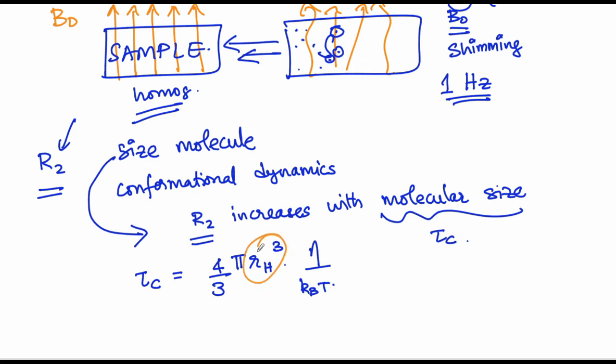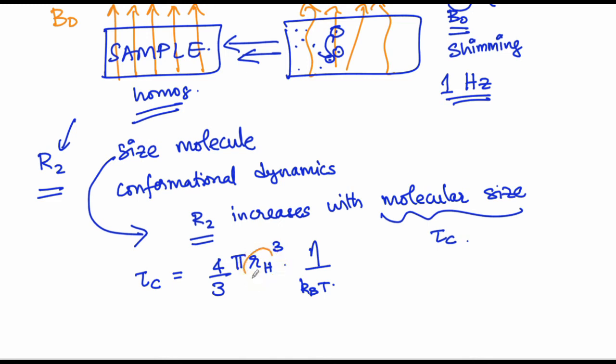The R_H is the hydrodynamic radius of the molecule that you are working with, assuming a sphere, which is why you get the 4 by 3 pi r cube kind of volume dependency. And eta is the viscosity of the medium, T being the absolute temperature and k_B being the Boltzmann constant. It is quite obvious that as the molecular weight increases, the molecular size increases, and the radius of the molecule will also increase.